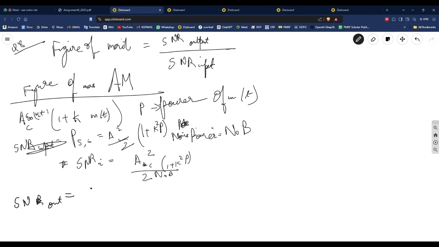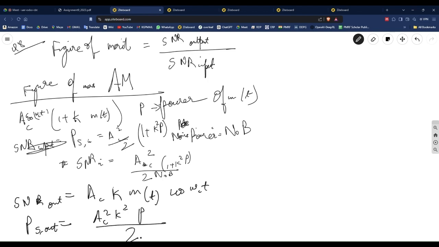Here the carrier will be eliminated, so only Ac K m(t) cos omega c t will be there. So the power out here, since there is no carrier, will be Ac square K square P by 2, and the noise power is again N naught B.